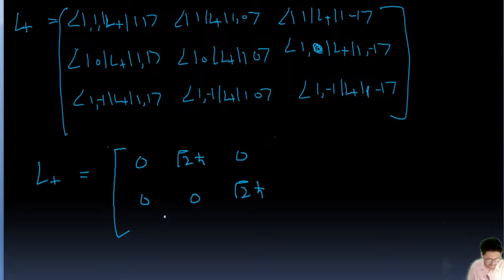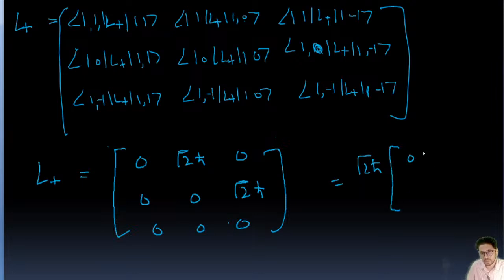You can check it, and other values are going to be 0, guys. Or we can take root 2 ħ common, so this is going to be 0 1 0, 0 0 1, 0 0 0.